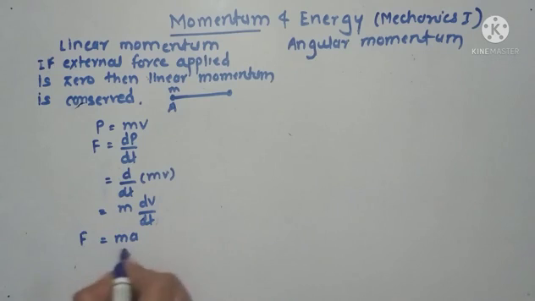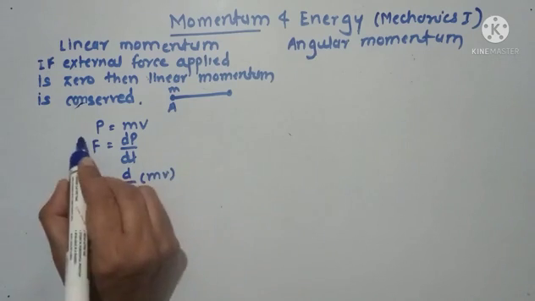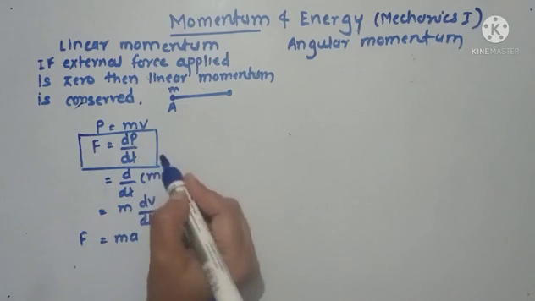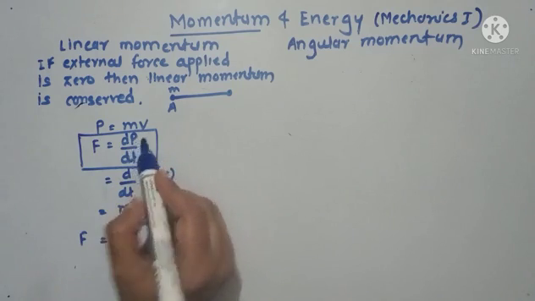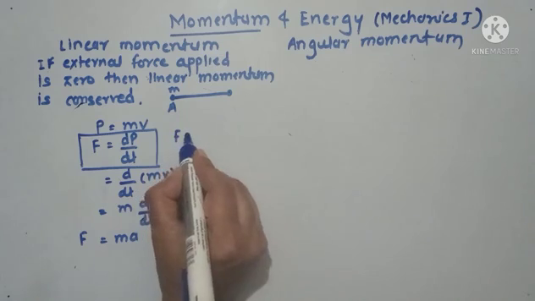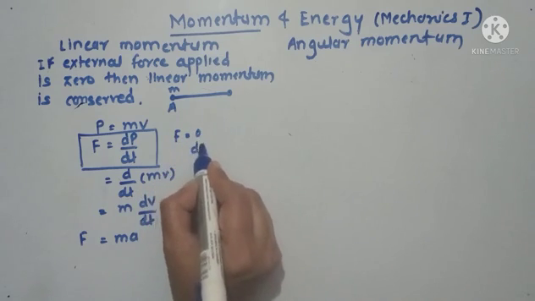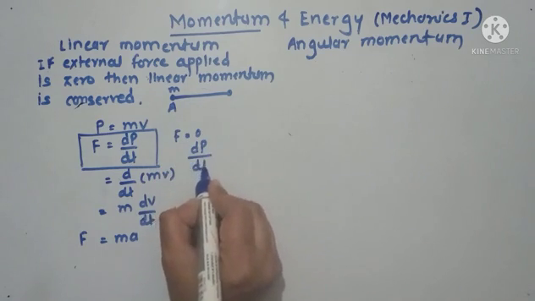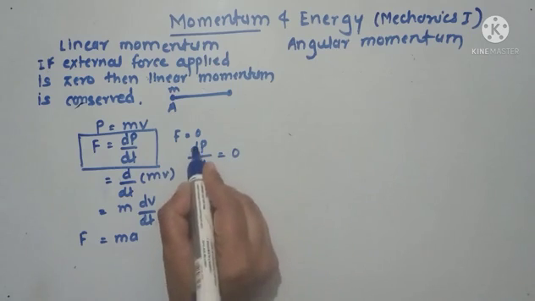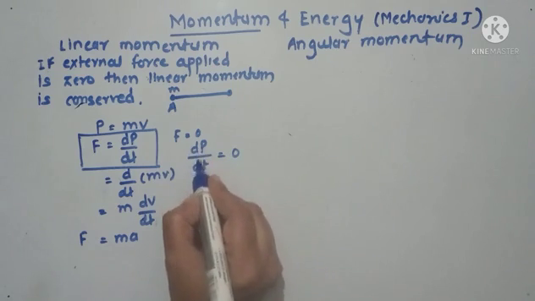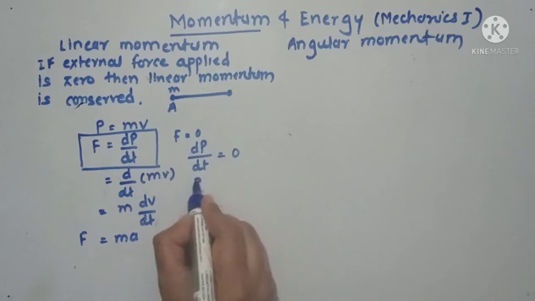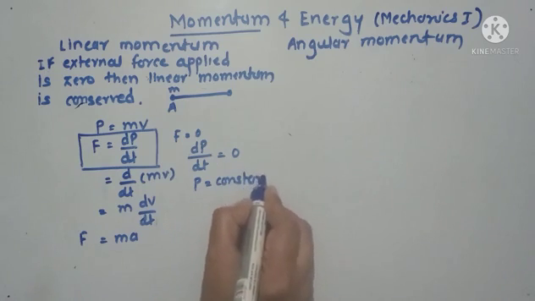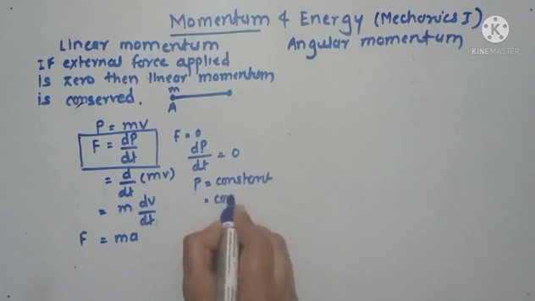So this is one more form of the external force. This is the statement of the law of conservation of the linear momentum, which says that if the applied external force is equal to 0, then dp by dt is equal to 0, and if the derivative of any term is equal to 0, then that term is constant, which means the momentum is conserved.